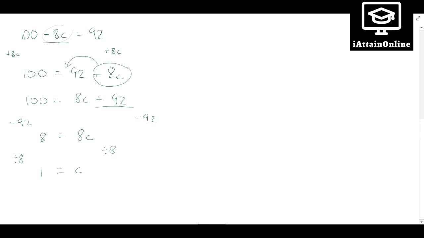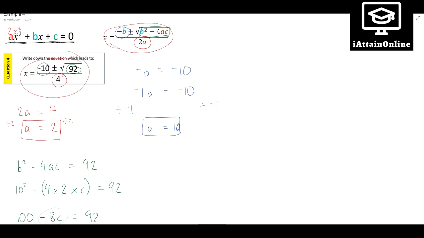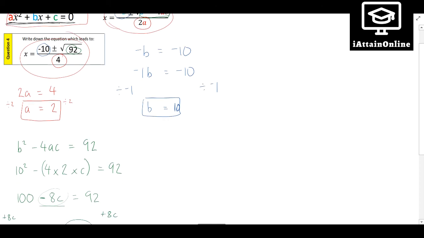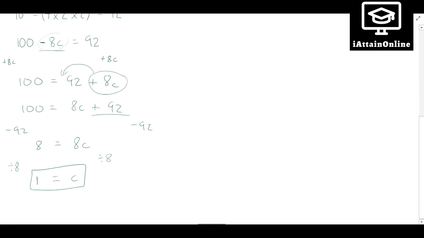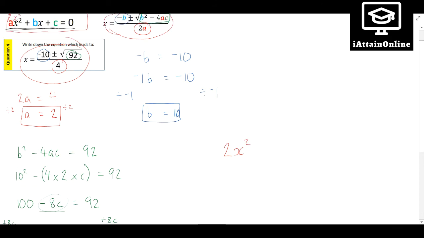So I have now found my values of a, b and c. So when it asks us to find the equation that we were trying to solve in the form ax squared plus bx plus c, well, I worked out that my a was 2, so the equation is going to be 2x squared. 10 was b, so that tells me that has to be the number before the x.